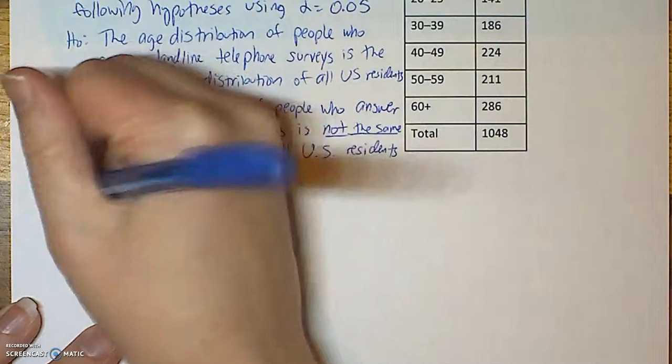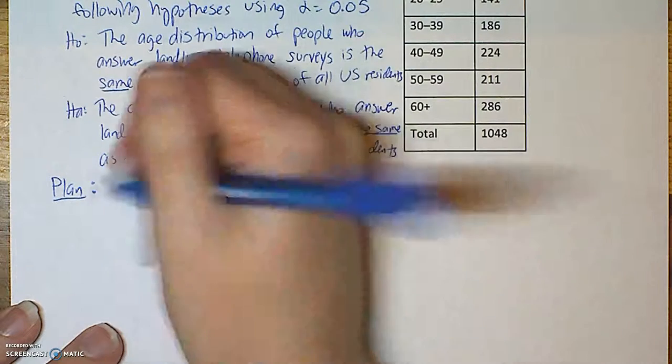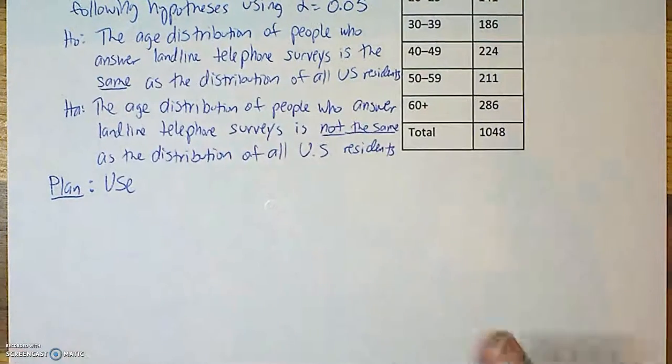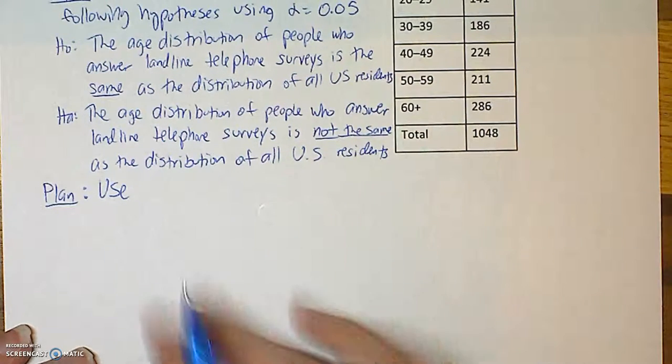Okay, let's come up with a plan. We're going to use, and this is where we say the method, right? Is it a t-interval? Is it a z-test? Is it for means? Is it for proportions?